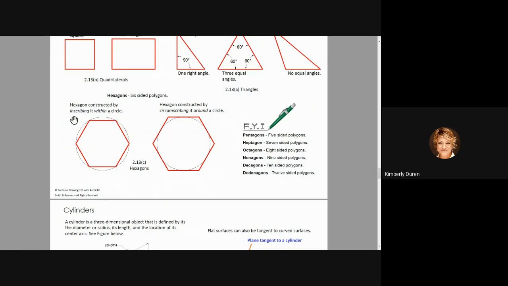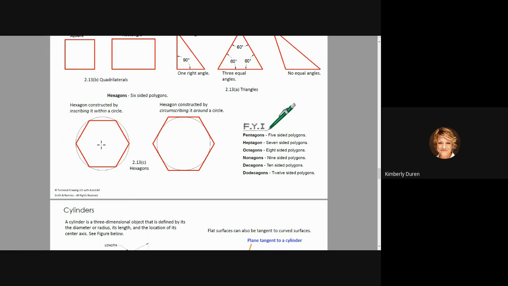If I drew a circle and I drew this hexagon, snapped to the center of that circle, and I let the points touch there, if I do this at a 1/2 inch and stopped right there, that would not be a 1/2 inch bolt. That would not have a 1/2 inch head. That is the distance across the points. And so that's called inscribed. It's inside the circle that you would draw.